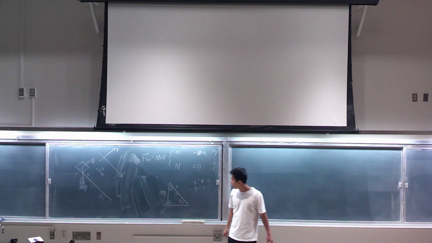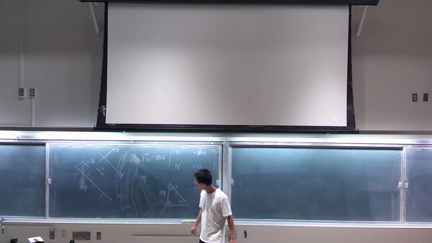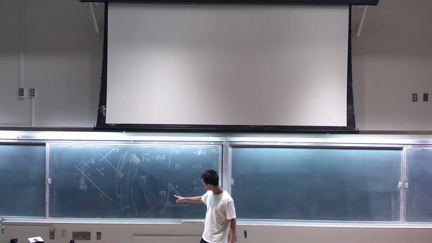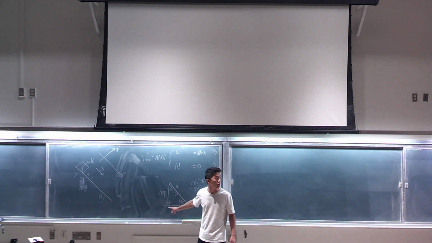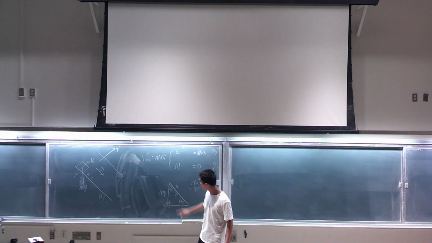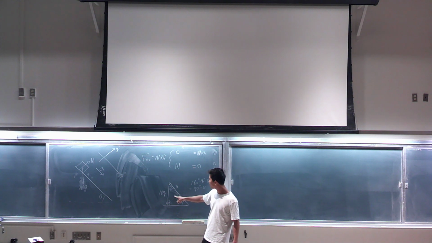Now, if you look at this angle, this is again 90 degrees. The two dotted lines with gravity form a right triangle. If this is 90, this is 90 minus theta, then this must be theta.